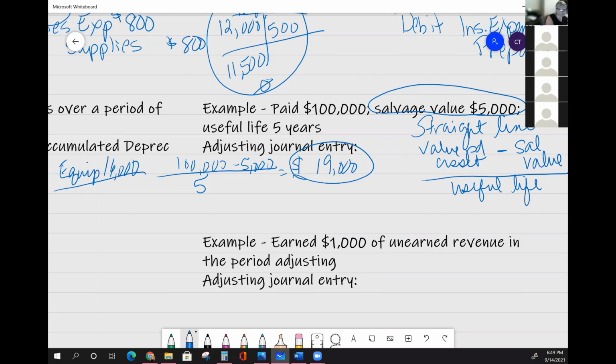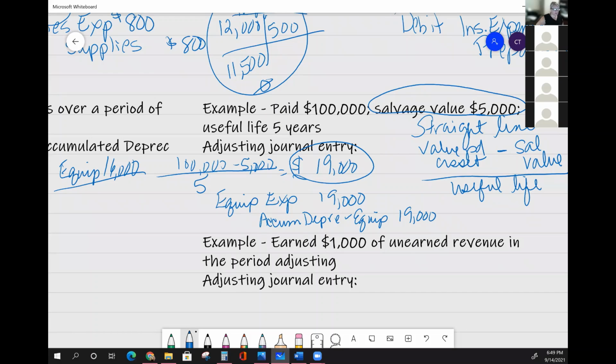So now I need to expense a portion of it. So that's my debit, because I know that debits are an expense. So I'm going to have equipment expense for $19,000 for the year. And my credit is going to be my accumulated depreciation for equipment, $19,000.